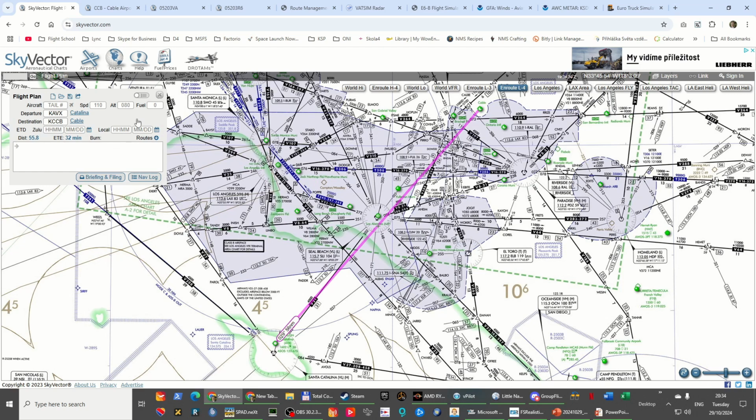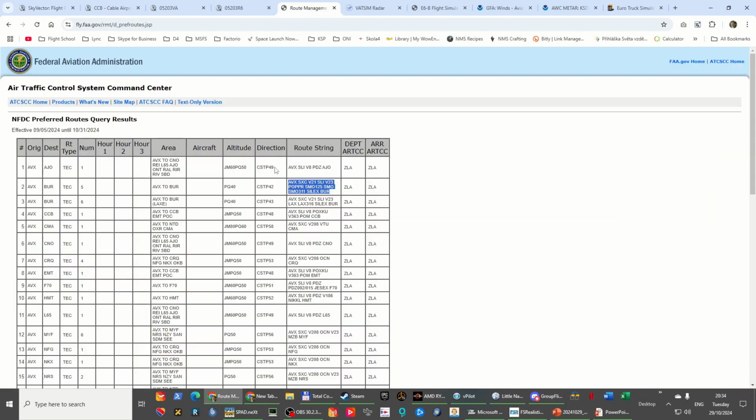So that's the whole purpose of it. Also, in real life, I believe that it might be possible to either file this only, or you just add it into the remarks somewhere in the flight plan, which is kind of a code for this specific preferred route. The ones that are mostly developed for Southern California, for SoCal and NorCal, are TEC routes.